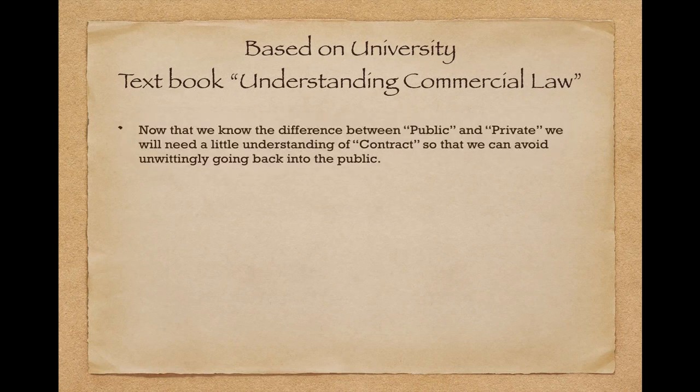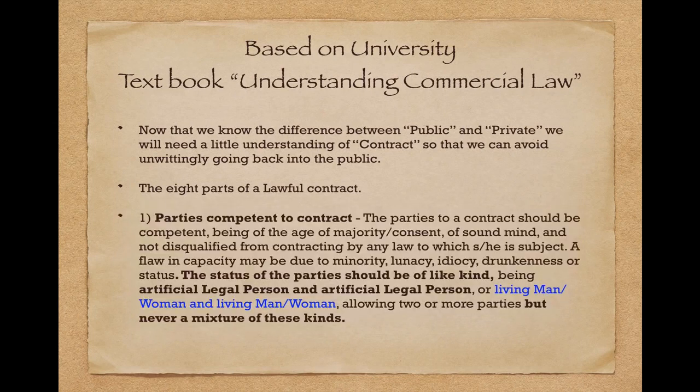Now that we know the difference between public and private, we will need a little understanding of contract, because we've already covered that, so that we can avoid unwittingly going back into the public. The 8 parts of a lawful contract. Now the first part, parties competent to contract.